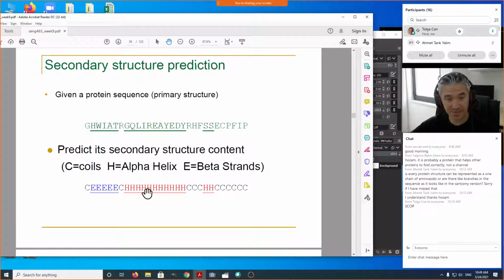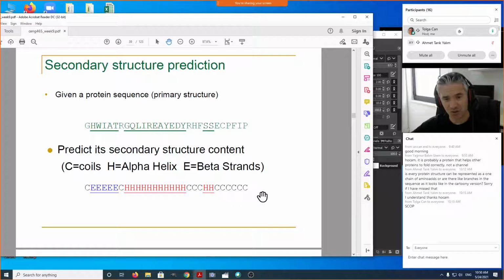As you can see, there may be some prediction errors in this example, because two amino acids will not be able to form a helix by themselves, because the formation of the bonds is between every i and i plus 4th amino acids. So this is probably a wrong prediction. Probably the C's in the middle here may need to be turned into helices.